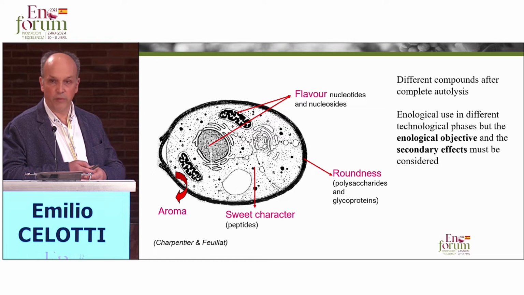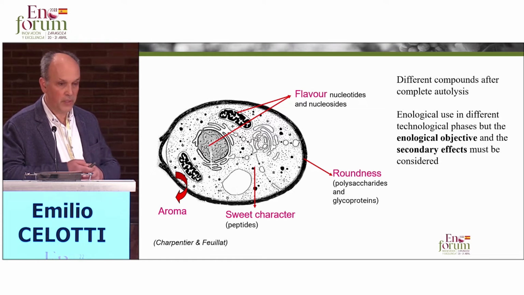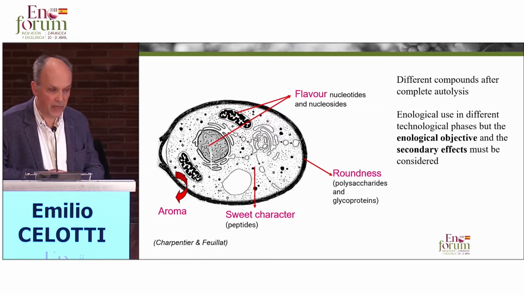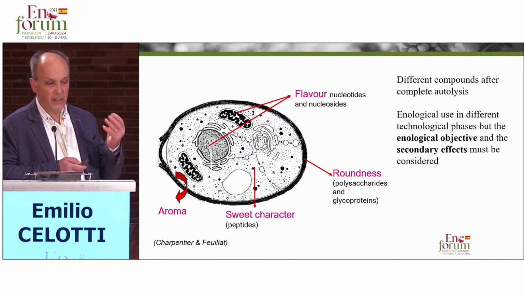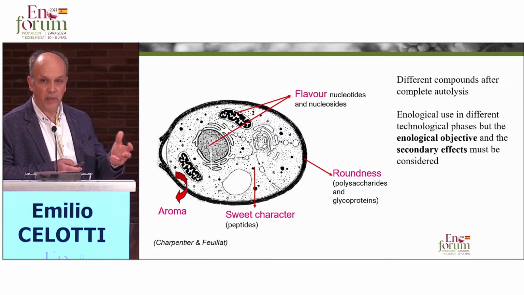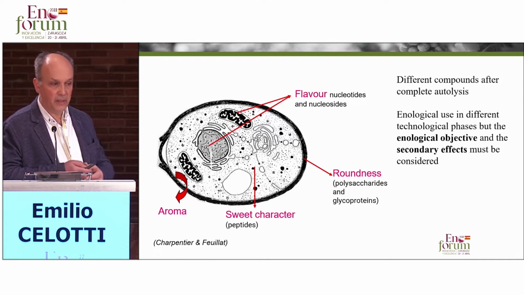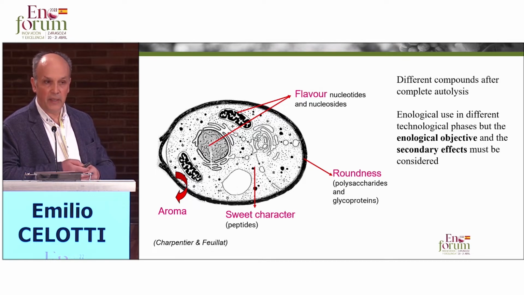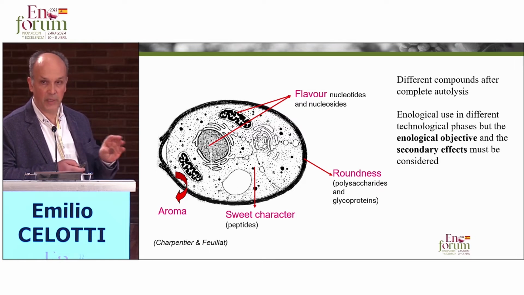So we also extract aromatic substances. I did my Erasmus when I was a student. I learned that the aromatic part is very important. In particular, it comes from the nucleotides and nucleosides.